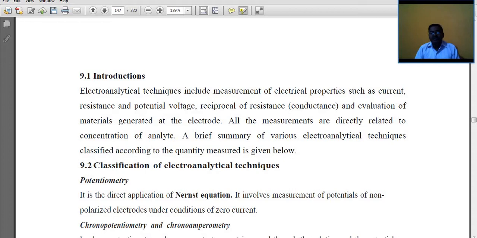A brief summary of various electroanalytical techniques, classified according to the quantity measured, is given below.